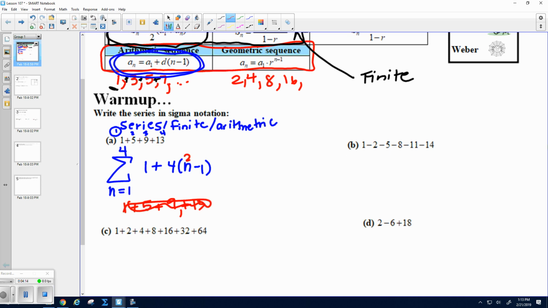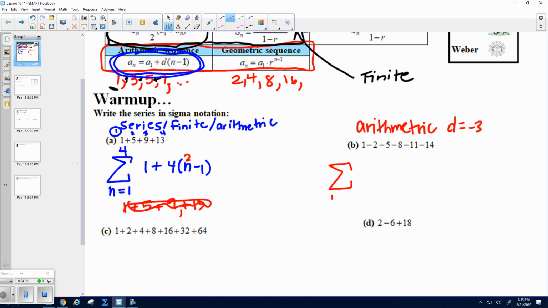So the next one we want to look at, is it arithmetic or geometric? Are we adding or subtracting the same number here every time? What are we subtracting? So my common difference is negative 3. So I'm going to start with my sigma sum.